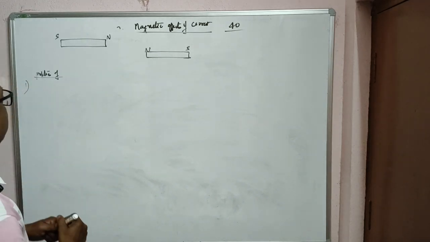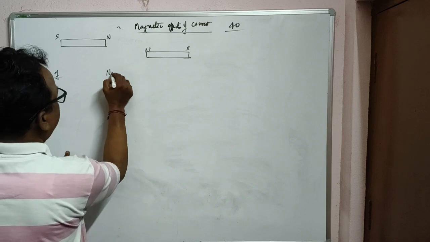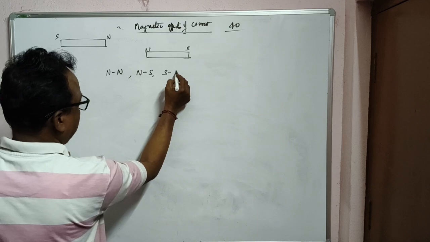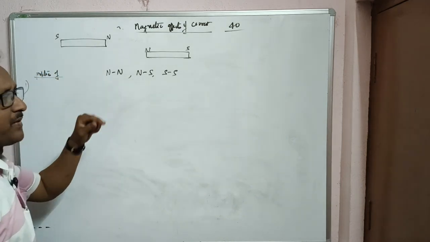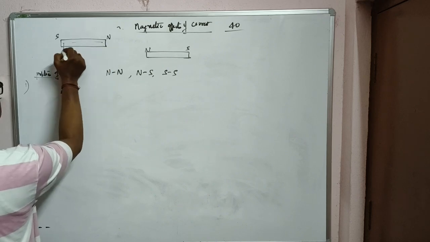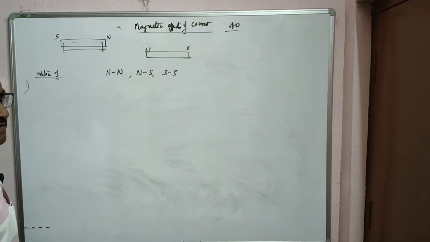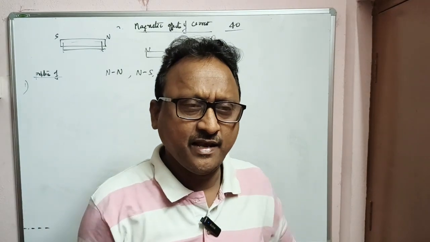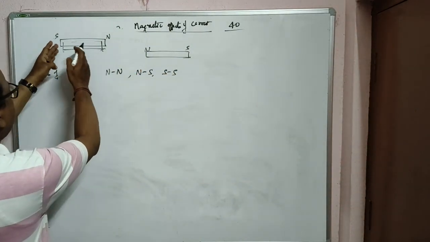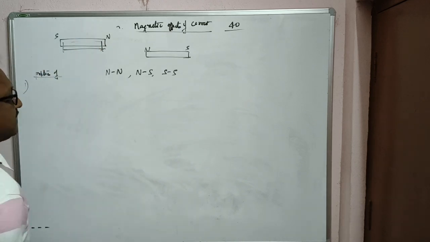For example, north and north are there, north and south are there, south and south. These are the poles of the given magnet, and this is the length of the magnet. Generally the poles are a little nearer and the length is a little more. The geometric length is more than the magnetic length.